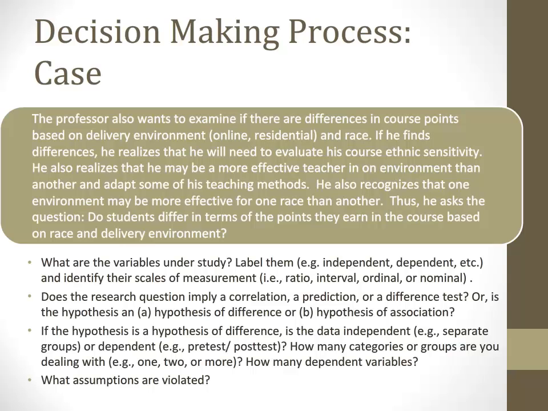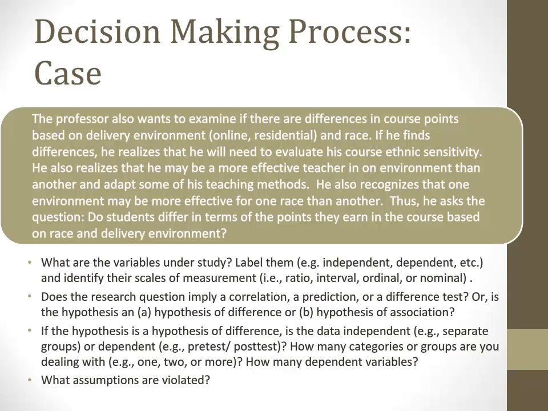We're going to label them, and then we're going to identify their scales or levels of measurement. So here we see that the researcher wants to know if two different factors influence another factor. So the two factors that the researcher wants to look at that affect another factor are race and delivery system.